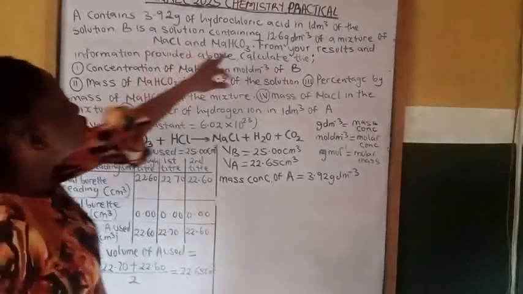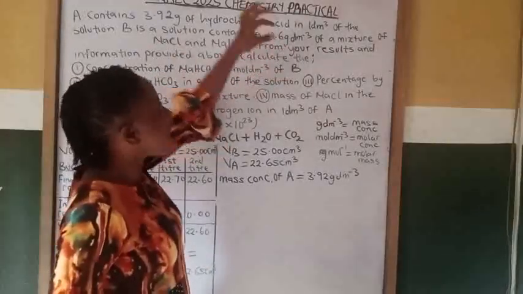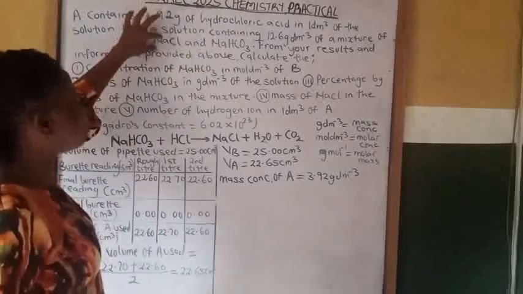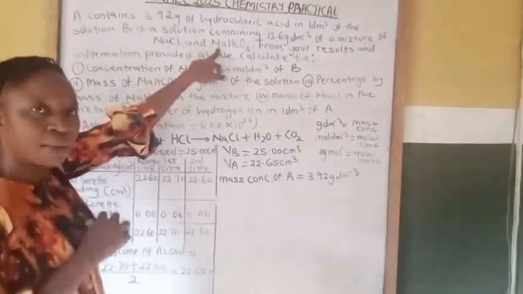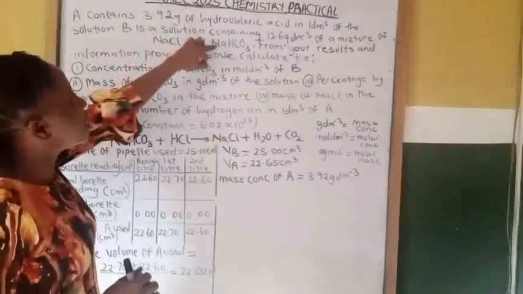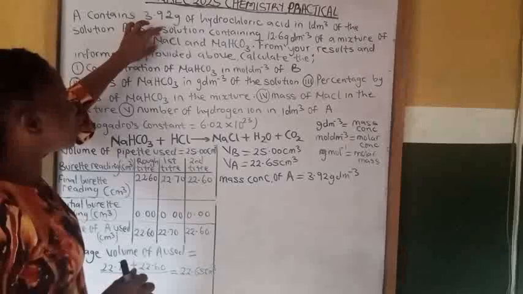So therefore, this 12.6 gram will now be the total mass of the pure base, sodium hydrogen trioxocarbonate, and the mass of the impurity.